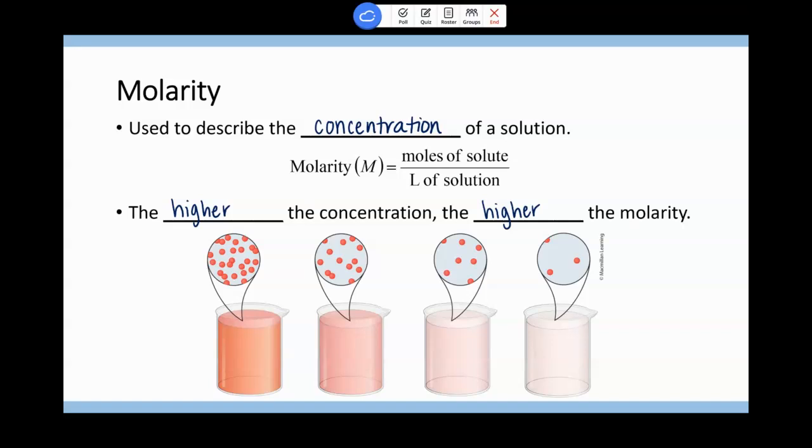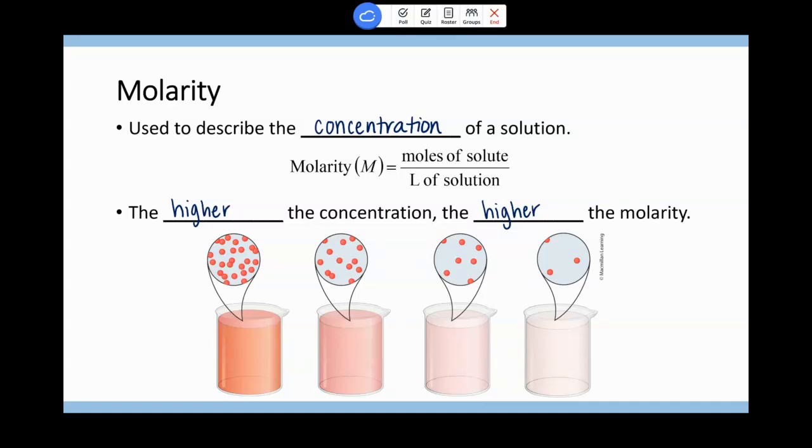And this picture here shows 4 different solutions. All of these solutions have the same volume. You can see the level of the liquid is at the same point on all of these beakers. But these all have different concentrations, they have different molarities.